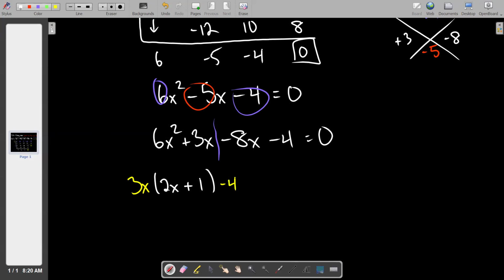Negative 4, which leaves behind 2x, change the sign, plus 1. So my factors are 3x minus 4 and 2x plus 1. And then finally, we can finish the problem.